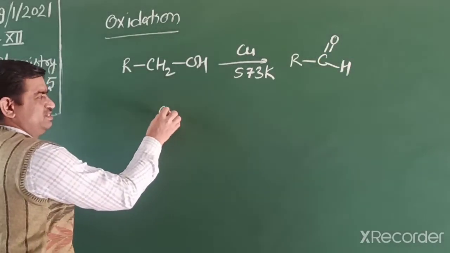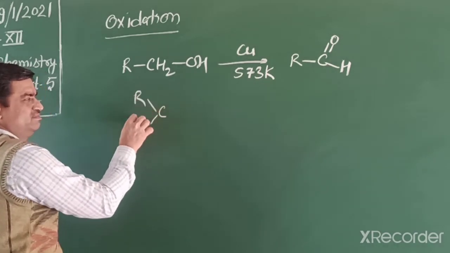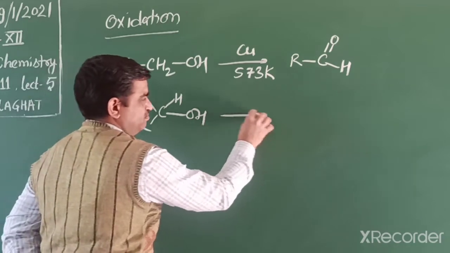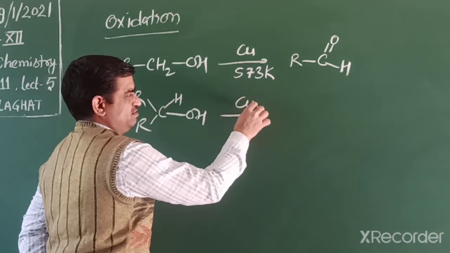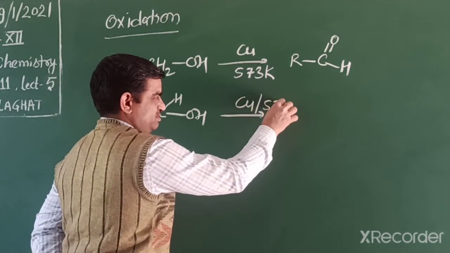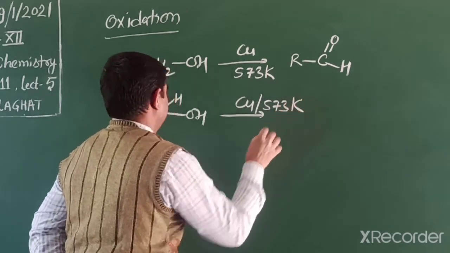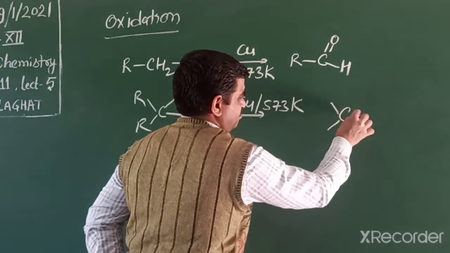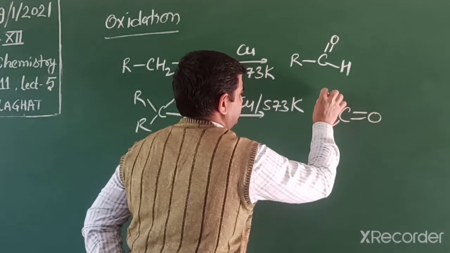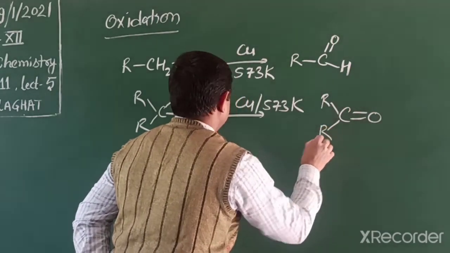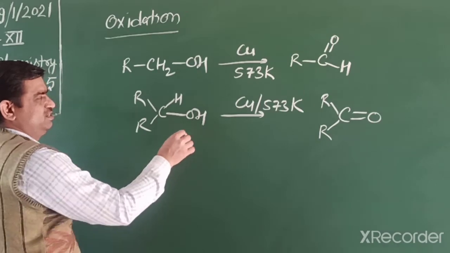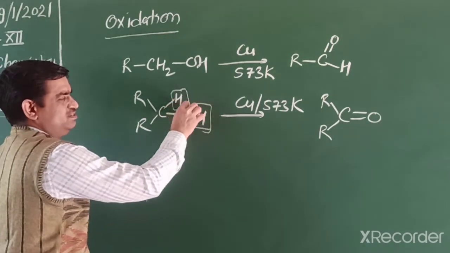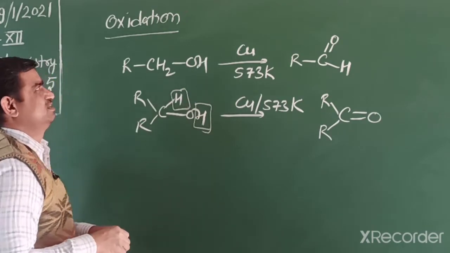If the alcohol is secondary, in the presence of copper metal at 573 Kelvin temperature, then we get ketone. So in this reaction what happens? Hydrogen is removed out, means this is dehydrogenation.